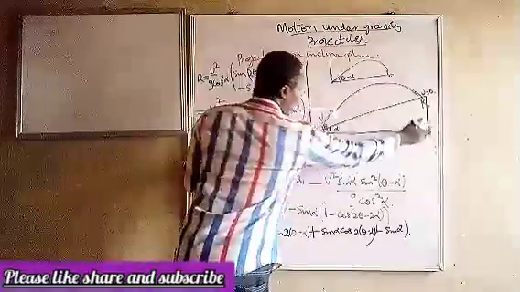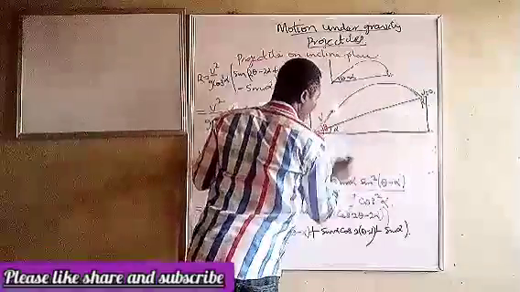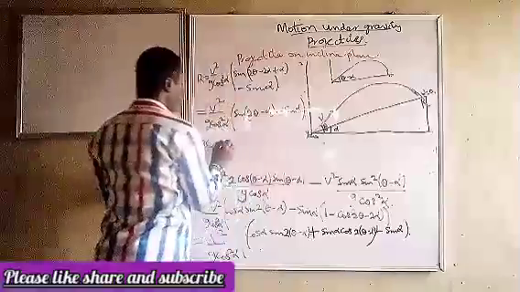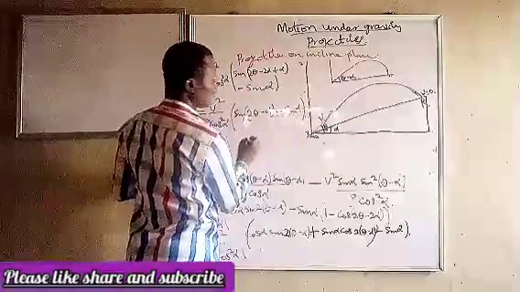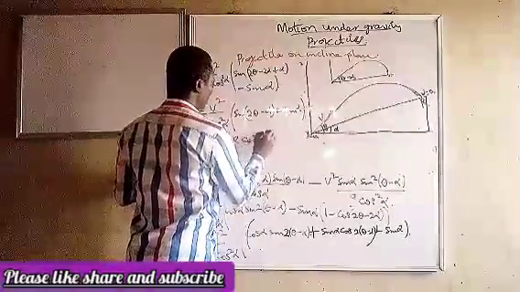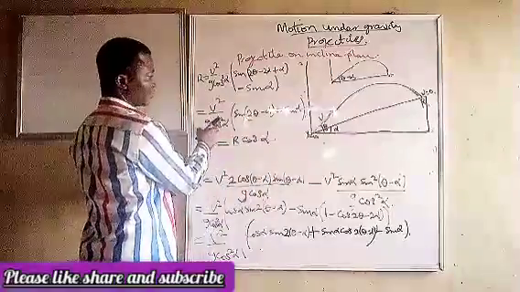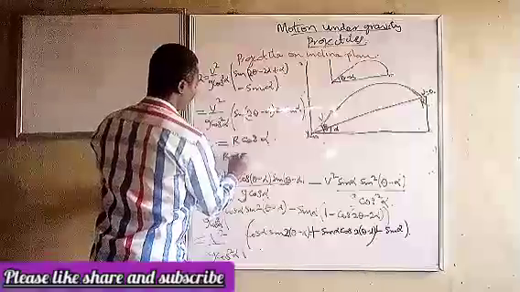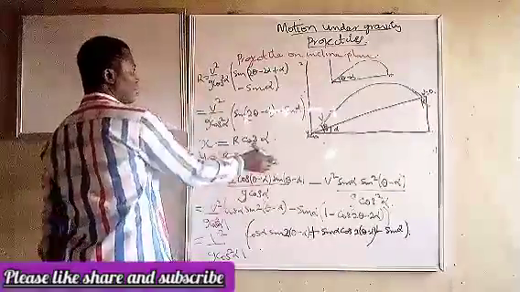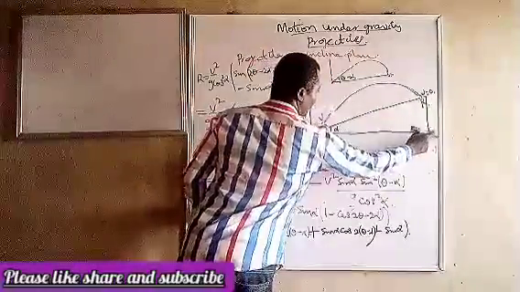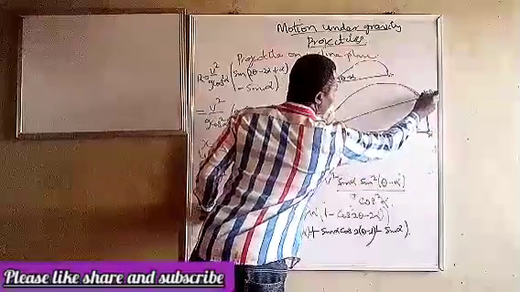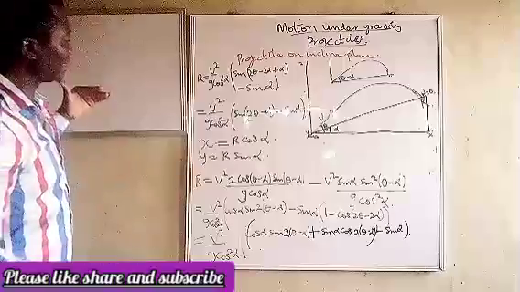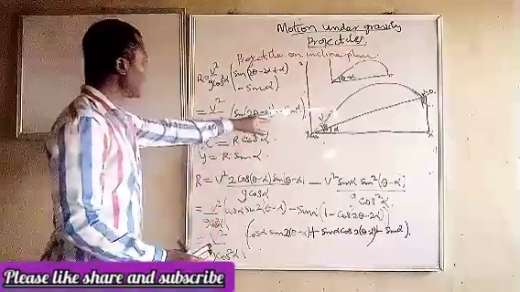But x, if you want to find x here now, along this plane, x will be equal to r cos alpha. And what is our y? R sine alpha. So you can find this place and this place when you have gotten r. So if the projectile comes down, this one will be negative.